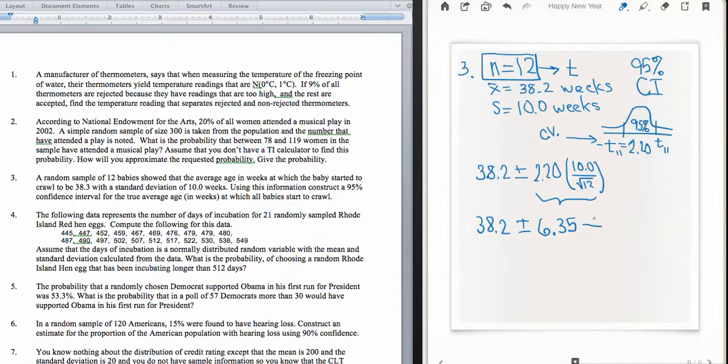And then I'm going to go over here and calculate the interval. I'm going to do 38.2 plus this to be my right side, 38.2 minus this to be my left side. So 38.2 plus 6.35 is going to give me 44.55.